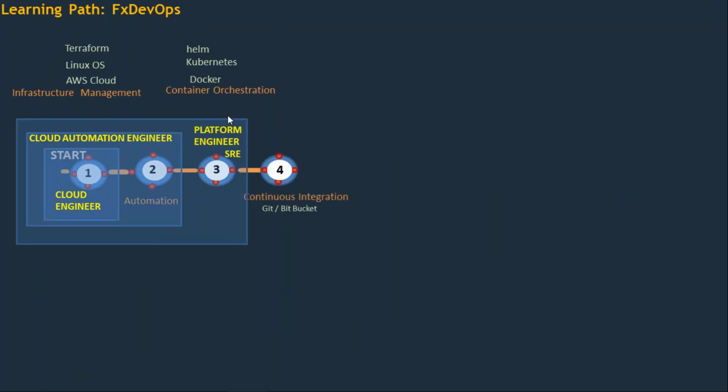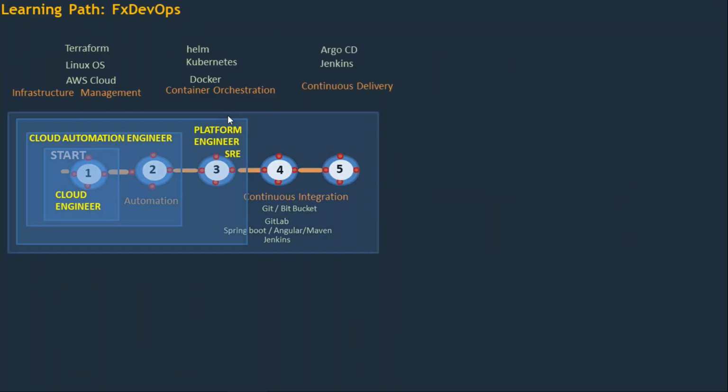Then we will move towards the Git and Bitbucket integrations. That's where we learn how to build the Java, React and Angular code and deploy them using Jenkins. And then we work with different deployment tools like Argo CD, Jenkins.